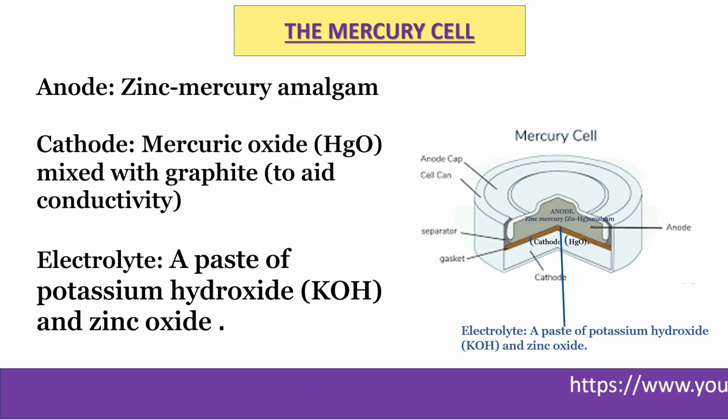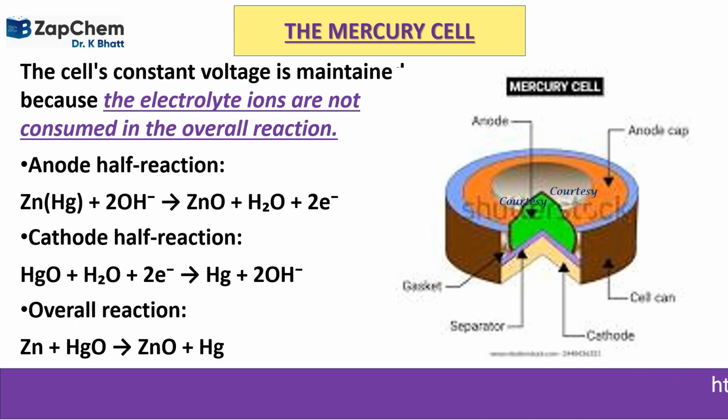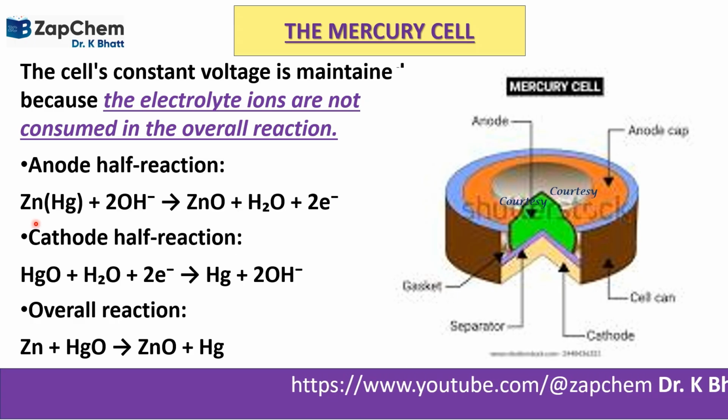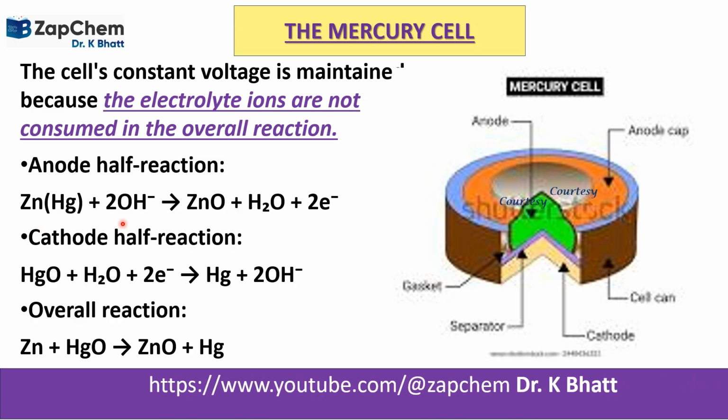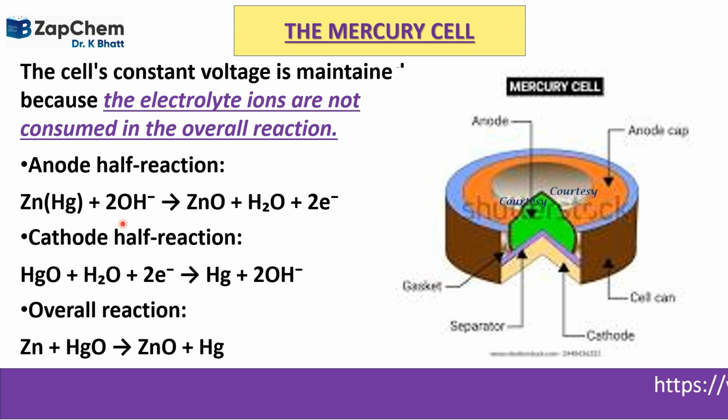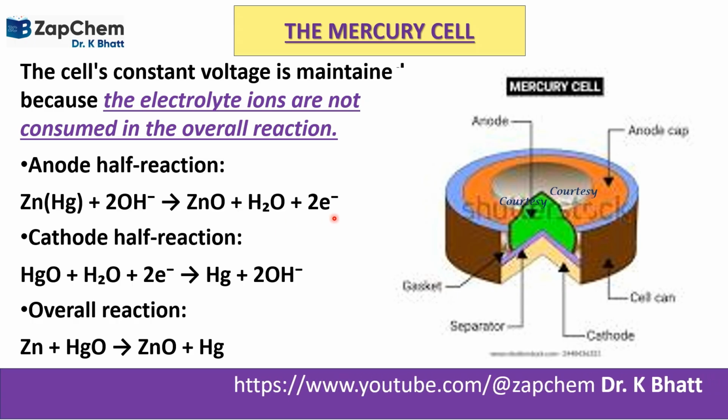So that's there. So far as the reaction is concerned, the reactions are very straightforward. There is an anode half reaction with zinc mercury with the hydroxide ion from KOH. It forms zinc oxide and water, and 2 electrons are released.